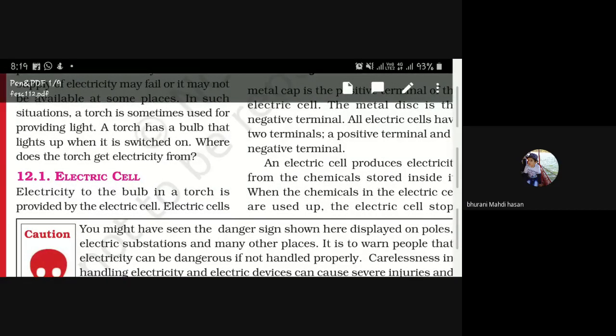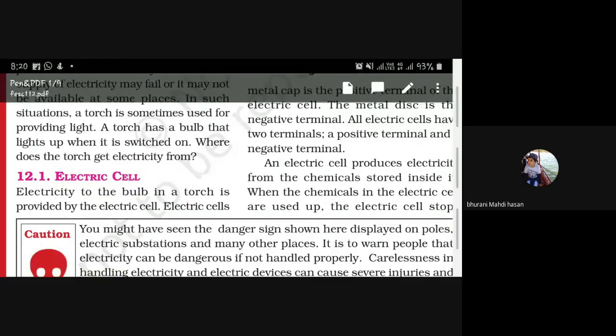12.1 Electric cell. Electricity to a bulb, torch is provided by the electric cell.